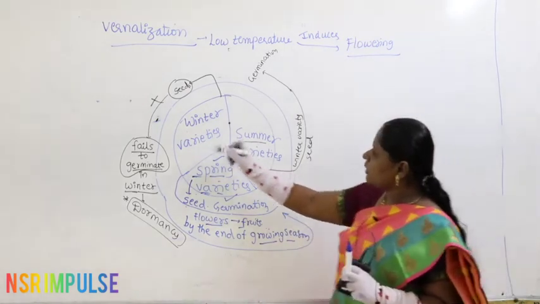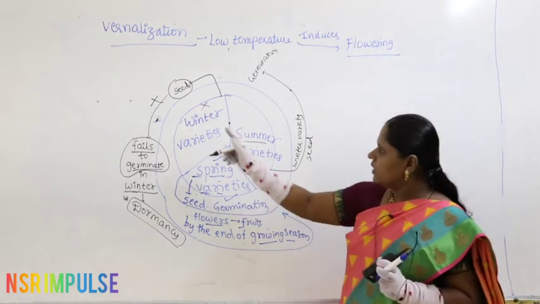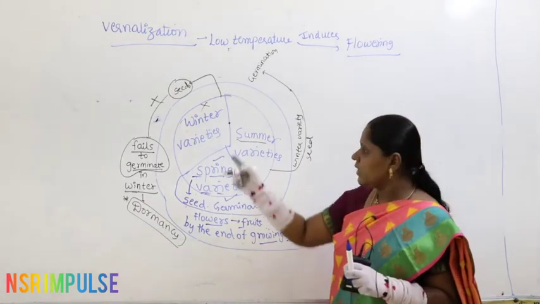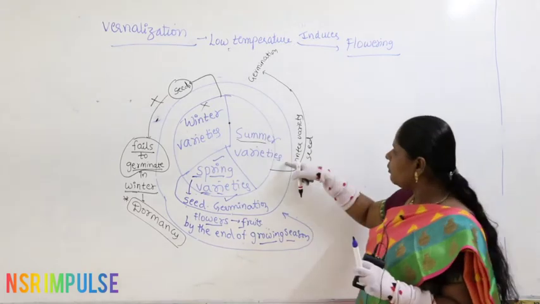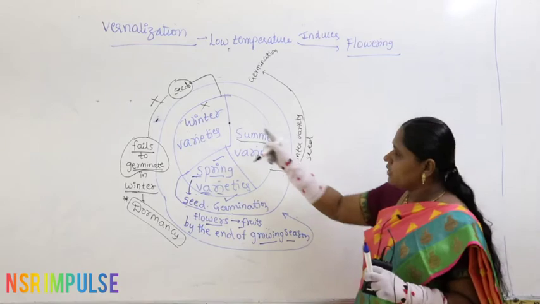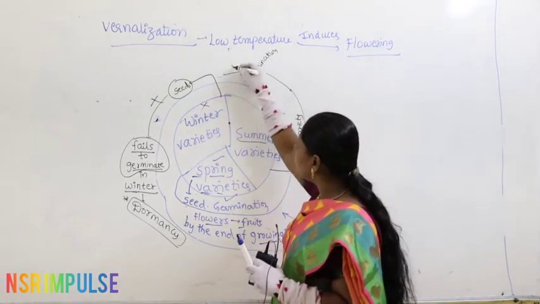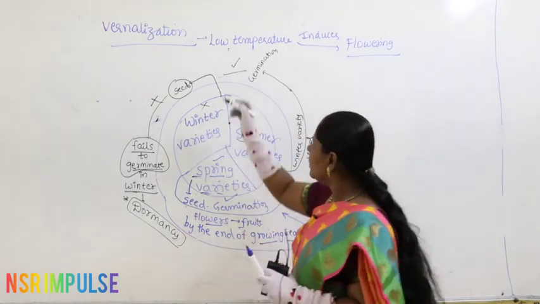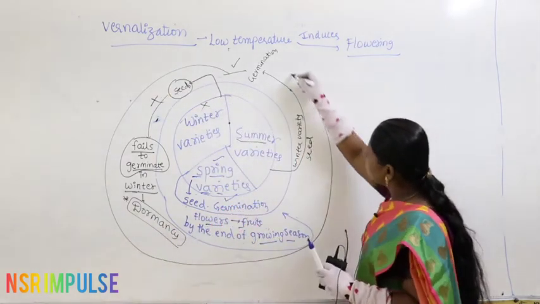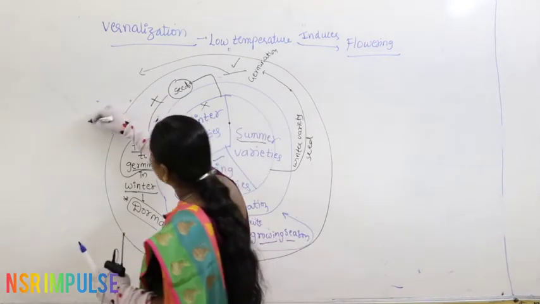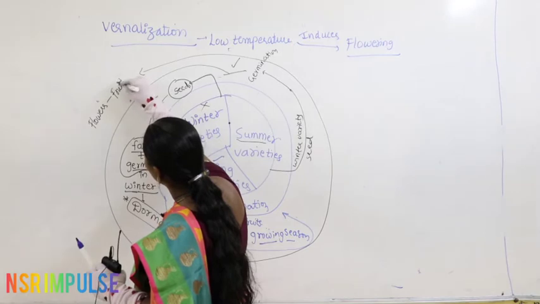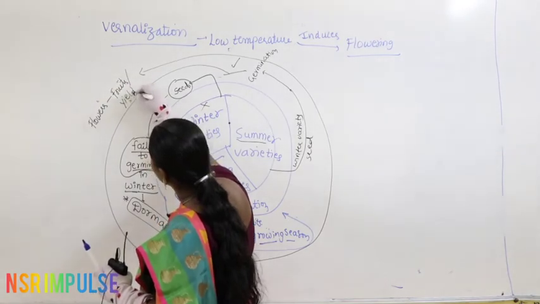What precaution do you have to take? Winter variety seed, you have to put it in summer season. Then by the end of next year, in winter season flowers will come, and then that gives fruits or grains, or we say yield will come.